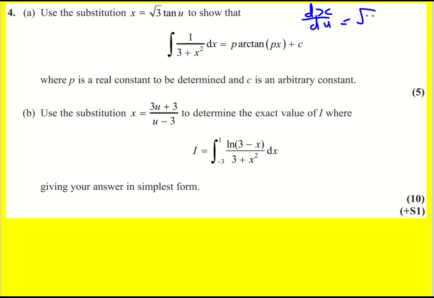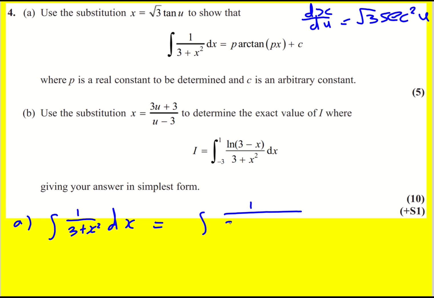which is going to be root 3 sec squared u. And then I can sub in for x, so I'll get the integral of 1 over 3 plus 3 tan squared u, and then replace dx by du du.